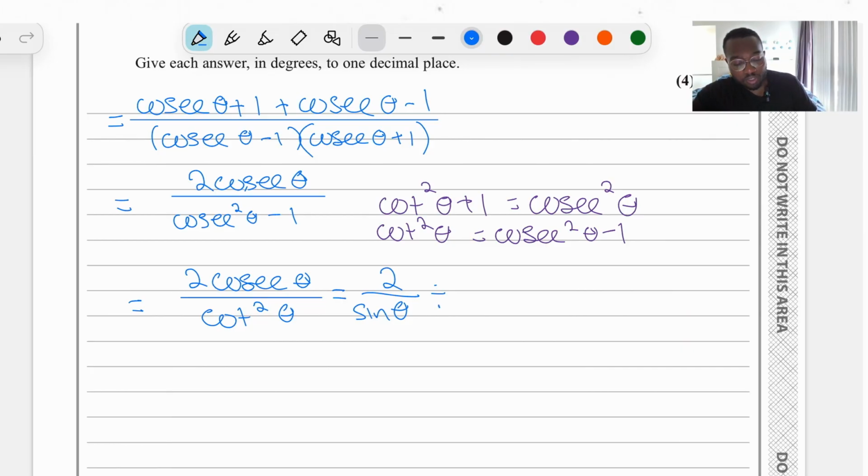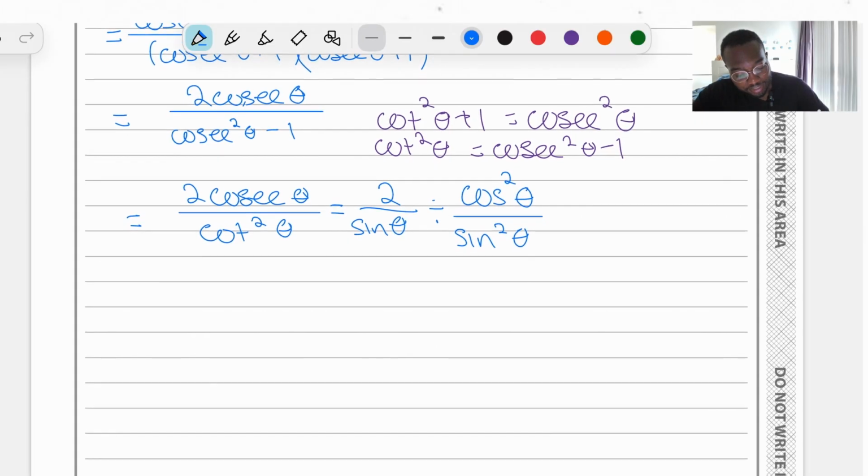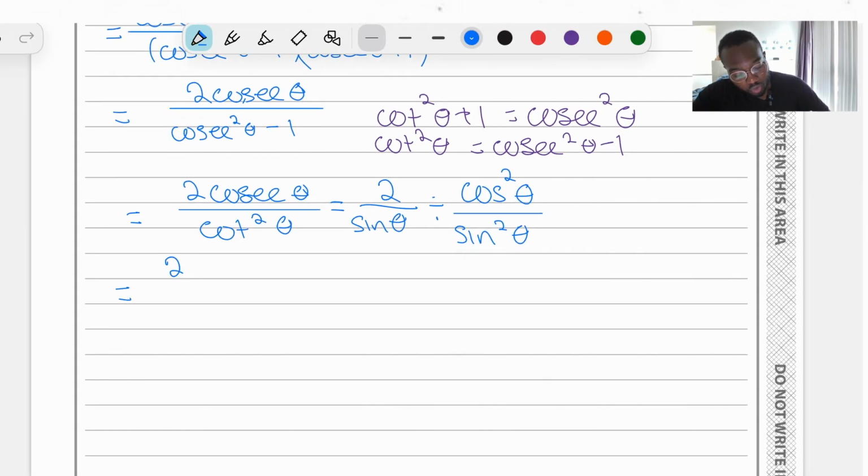Well, what is cot squared theta? Cot squared theta is cosine squared theta over sine squared theta. And that is the same as 2 over sine theta times sine squared theta over cosine squared theta.